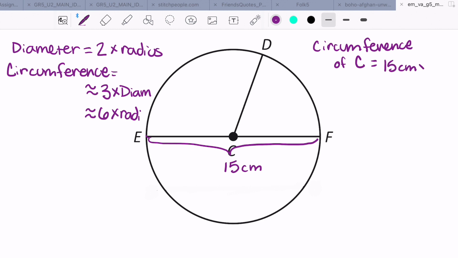We're going to do 15 centimeters times 3 to give us our circumference. 15 times 3 is 45. So the circumference of circle C is approximately 45 centimeters.